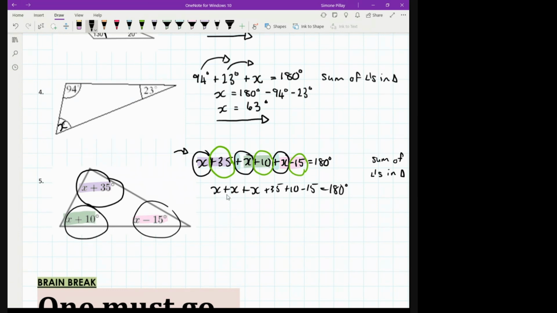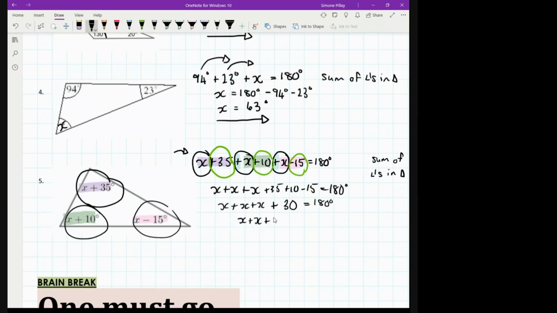Ma'am, so I put down all of my variables as they are, and then I said to myself, 35 plus 10 gave me 45, minus 15 gave me 30, so I said plus 30 is equal to 180 degrees.